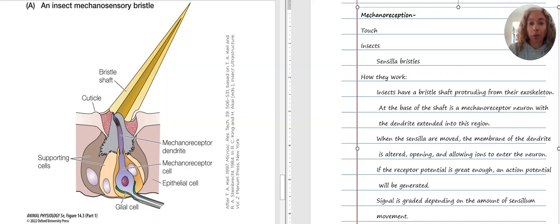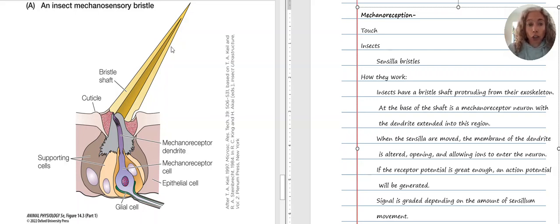Similar to the photopigments of the vertebrate eye, the signal in the mechanoreceptor neuron is graded depending on the amount of movement. A stronger stimulus from the dendrite movement is going to create a stronger action potential, which will be conveyed to the central nervous system.